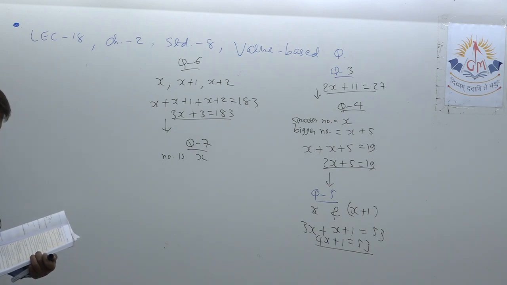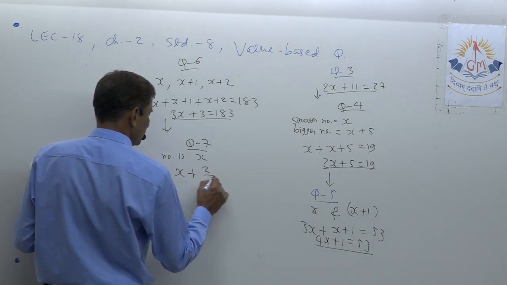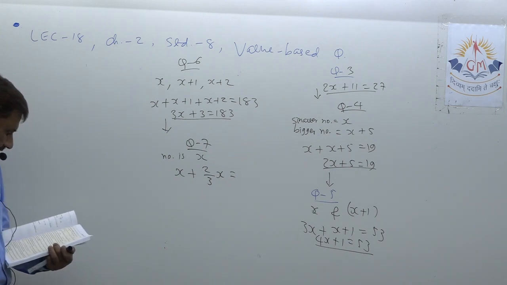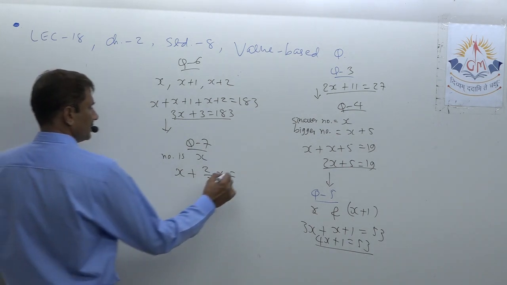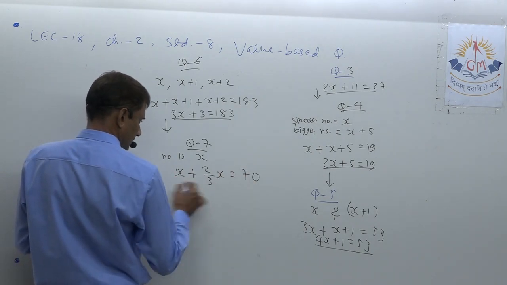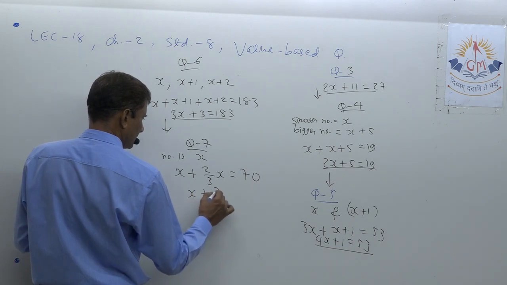Okay, then when it is added to 2/3 of itself, so that number is added to 2/3 of itself. How much is it? It is 70. So 2/3 of that number is added to itself, then the result will be, so now you can say it will be like that, x plus 2x by 3 equals 70.